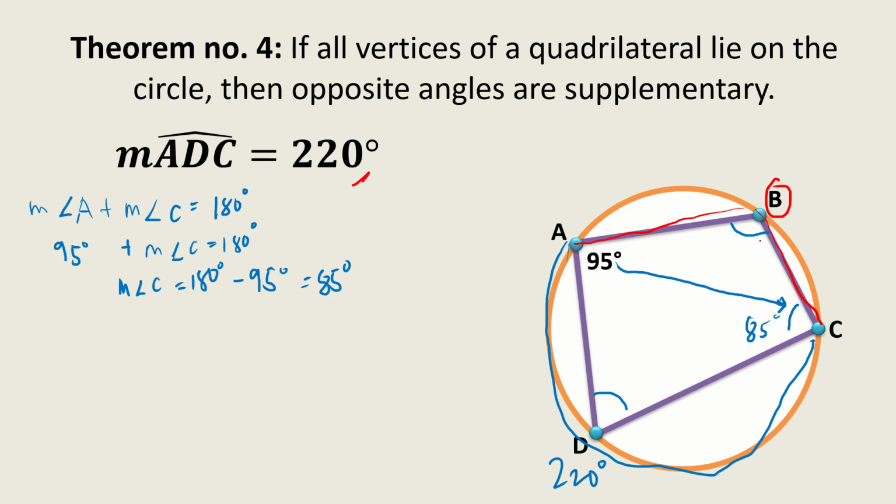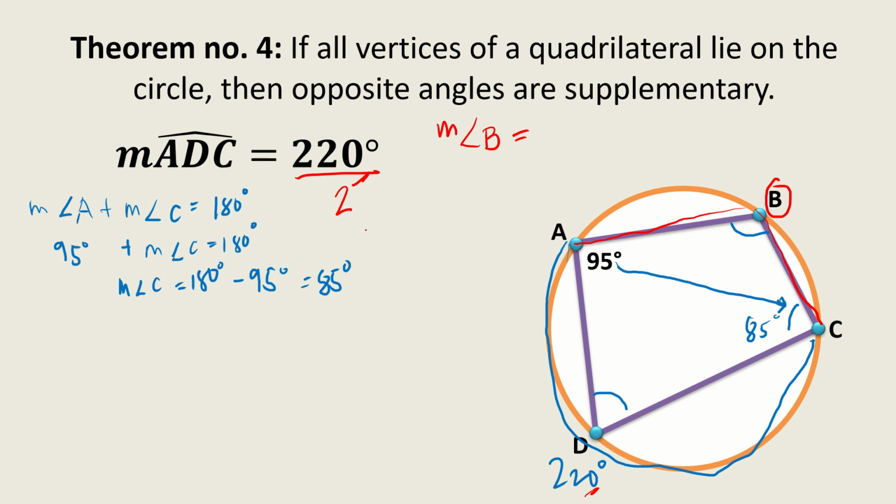The measure of the inscribed angle is 1/2 of its intercepted arc. So, para makuha si angle B, kukuhanin daw natin yung kalahati ng intercepted arc niya. And what is 1/2 of 220 degrees? Kailangan natin siya i-divide by 2.